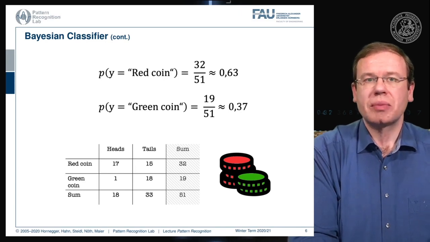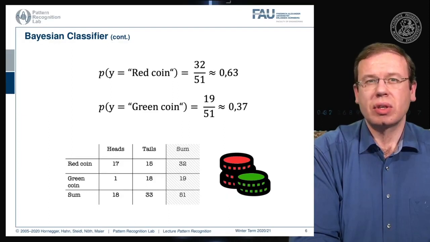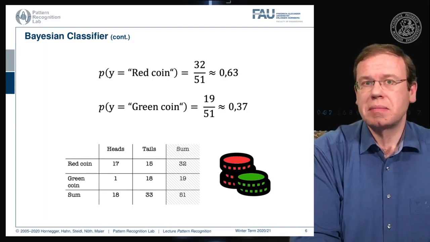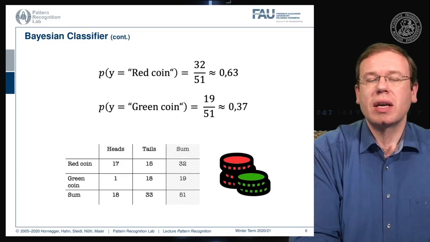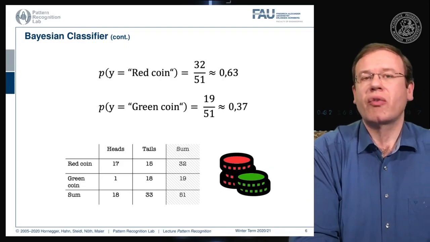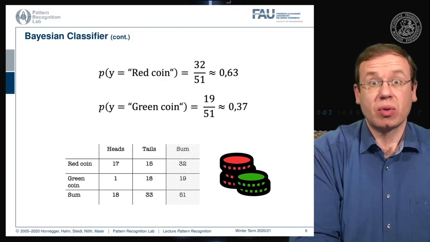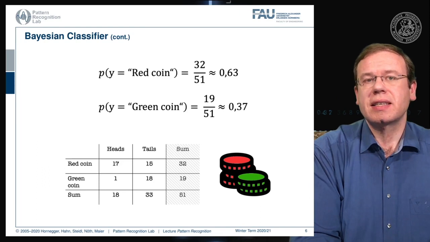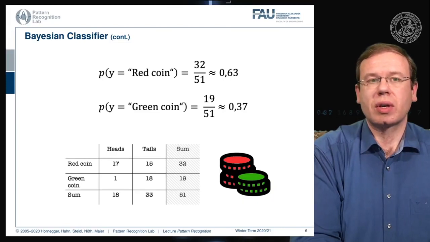So you could argue if somebody is using those two coins, then he's trying to use this kind of biased coin, not in all of the instances, but the person is mixing this coin in on occasions, because probably you don't want to be caught cheating, so you just mix it in, let's say, 37% of the cases, because of course you also want to win quite frequently, and in the other cases you don't want to get caught, so this is why you're using the other coin.